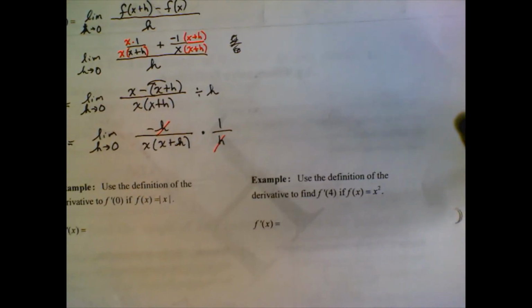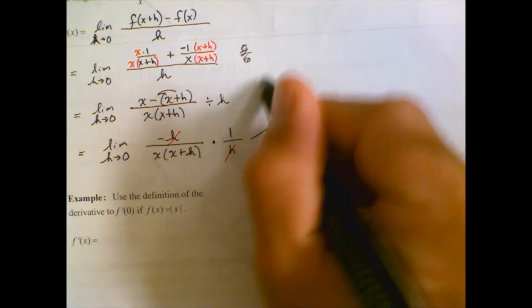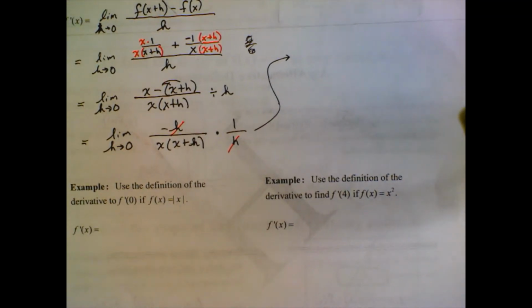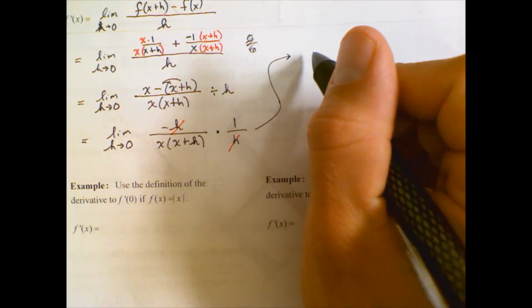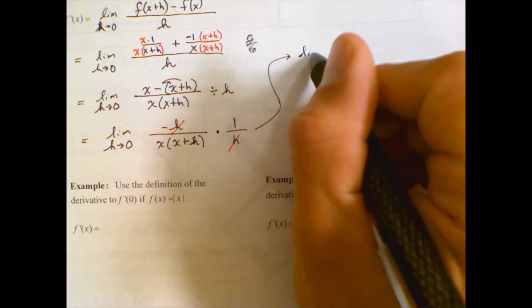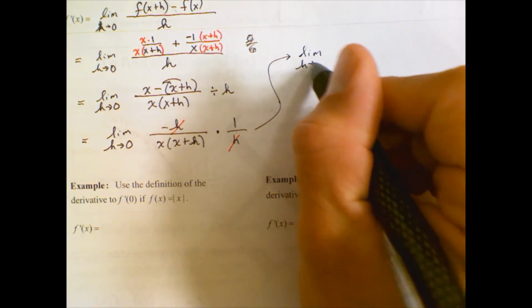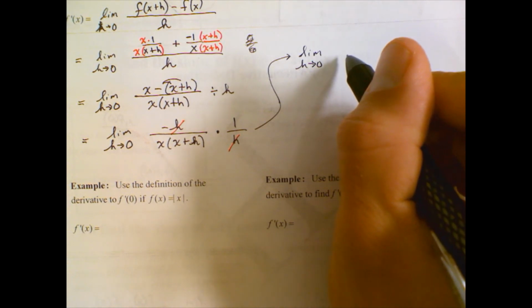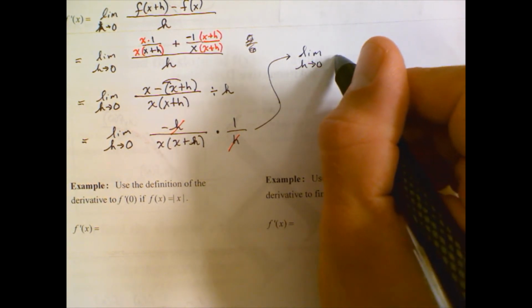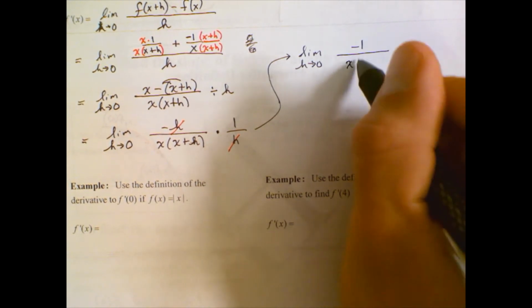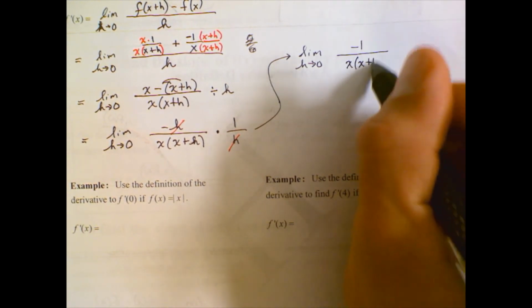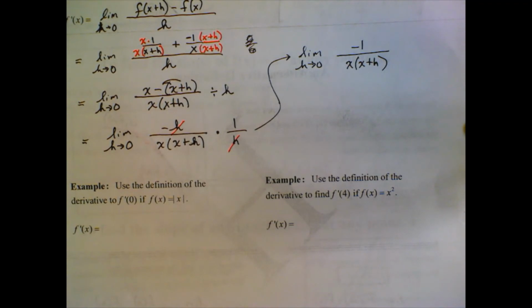So I'm going to continue my work up here a little bit, gain me a little space. So here we go. Once I've canceled something, it's wise to go ahead and substitute in the 0 for the h. However, what I'm going to do is just rewrite what I have, and then I'm going to drop that h in.